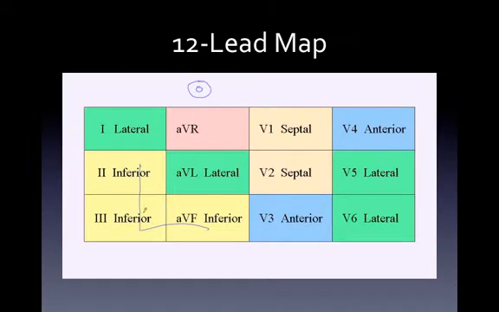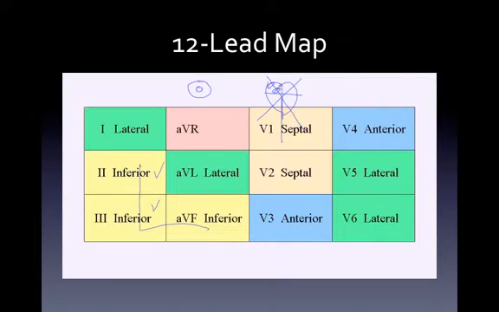So 2, 3, and AVF see it the best, and the reason that they see it the best is because if we're looking at the heart, lead 2, lead 3, and augmented voltage front look at it the best because it's looking at it all the way through these planes, and 2 of these are bipolar leads, and that would be lead 3 and lead 2. AVF is an augmented lead.